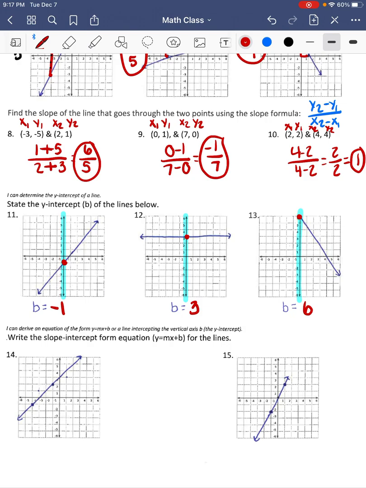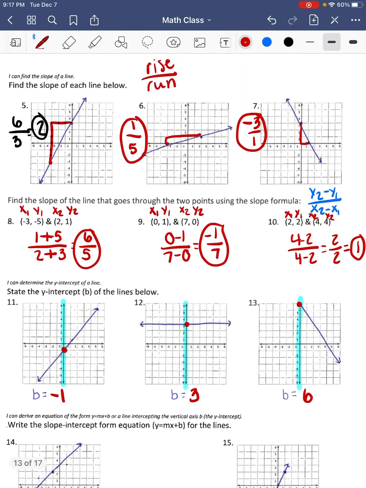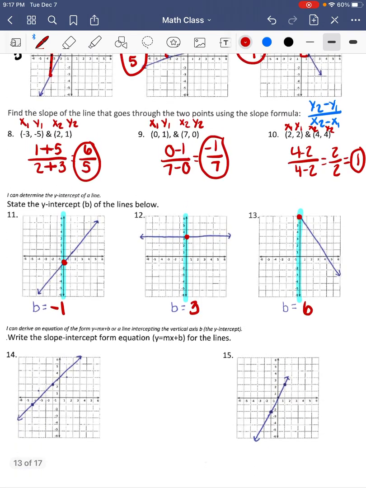For number 14 and 15, we're combining what we did for 5, 6, and 7 in 11, 12, and 13. So the first thing you need to know is these equations should be in the form y equals mx plus b. Your m is your slope, which is your rise over run.